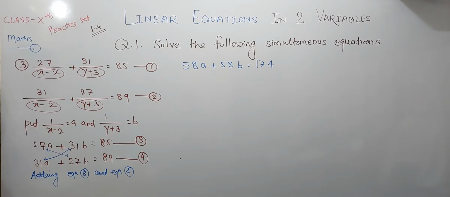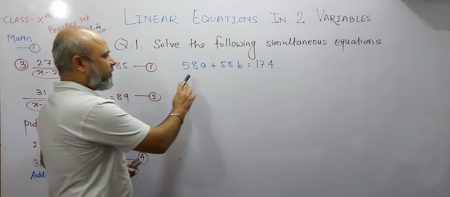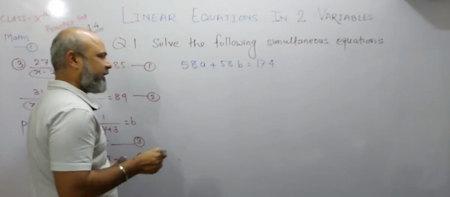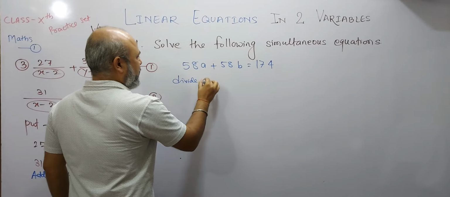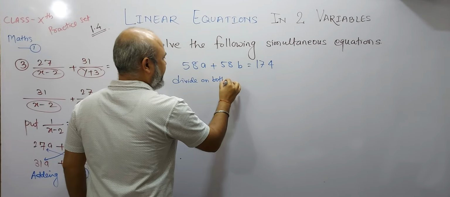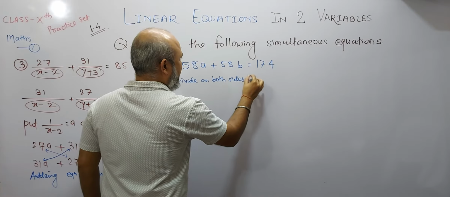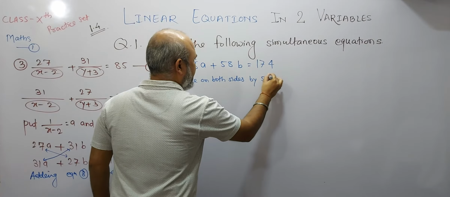So when you add these two equations 3 and 4, you will get 58a plus 58b is equal to 174. Now each term of this equation is divisible by 58. So I will write here, divide on both sides by 58.